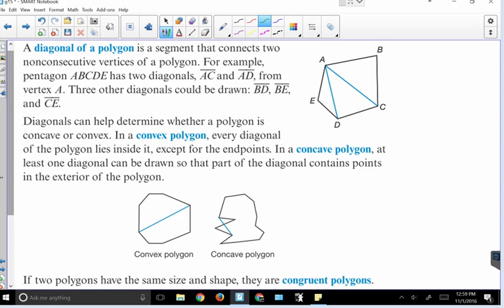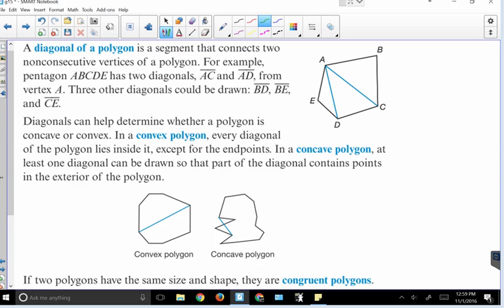So diagonals can help us determine whether it's going to be a convex or a concave polygon. If I can draw a diagonal across the polygon from any vertex to any other non-adjacent vertex without it crossing a line, I've got a convex polygon. But the other one that's concave, if you take a look at it right down here, it ends up going across a line.